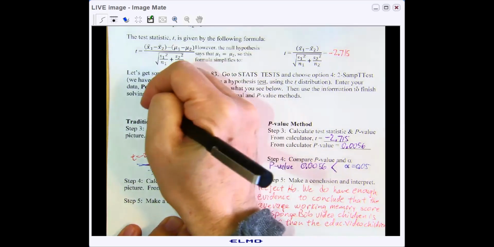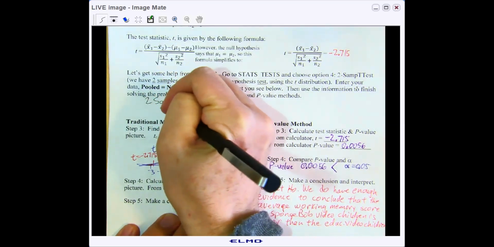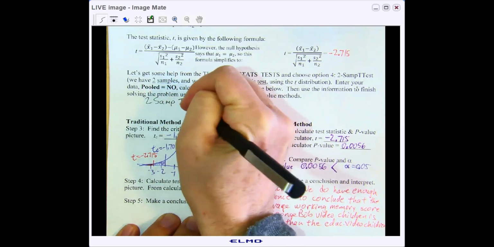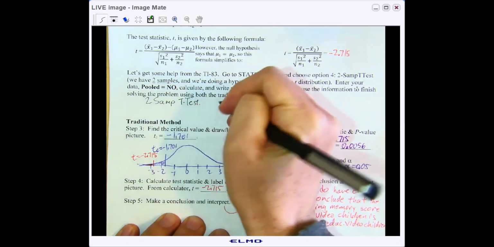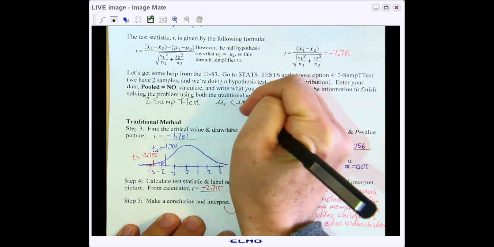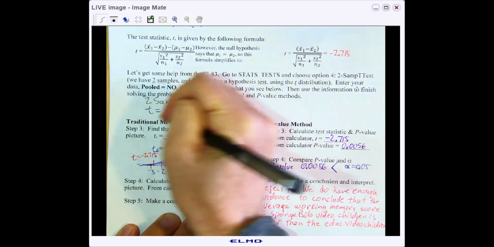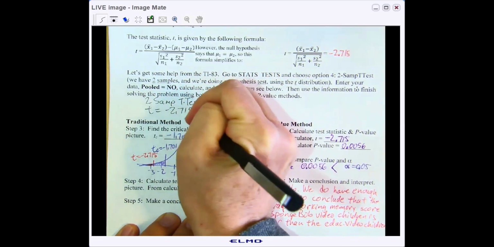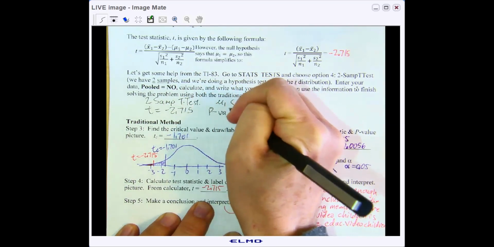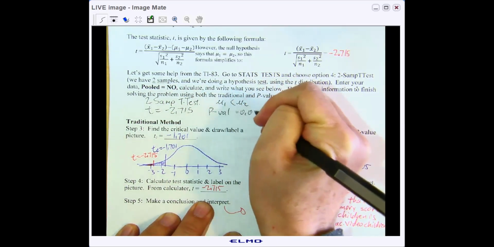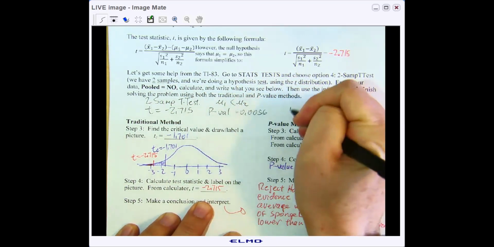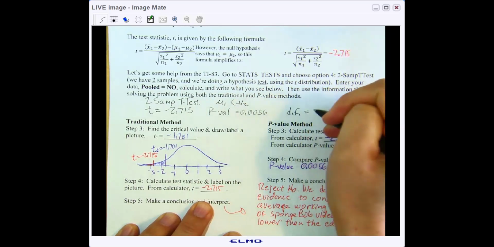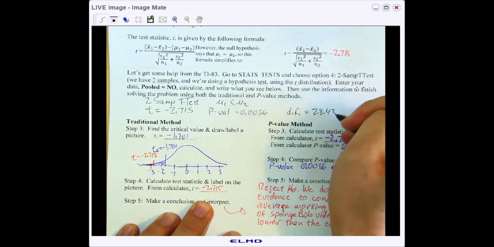And just for completion here, I'm going to write what I saw on my calculator. And again, our degrees of freedom was 28.43.